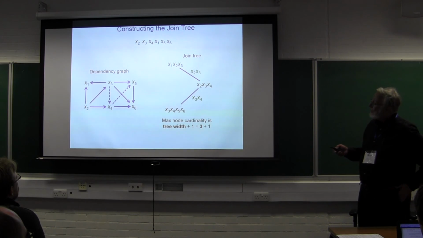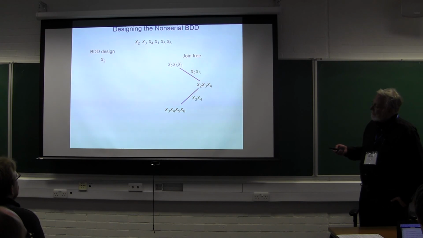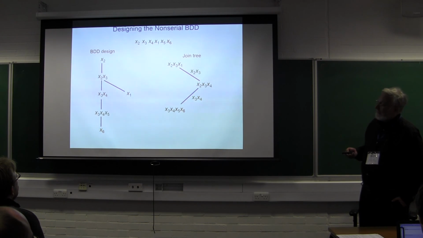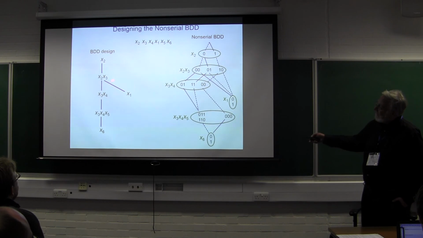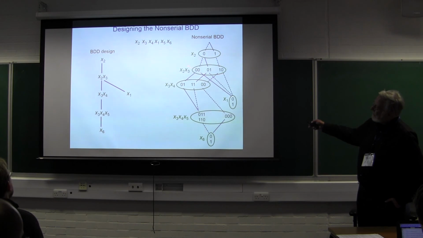Now we can use the join tree as a guide to creating the decision diagram. It follows the structure in a fairly straightforward way, which I won't go through today. This is the basic structure, and then you create a decision diagram by expanding each of these to represent the corresponding states.